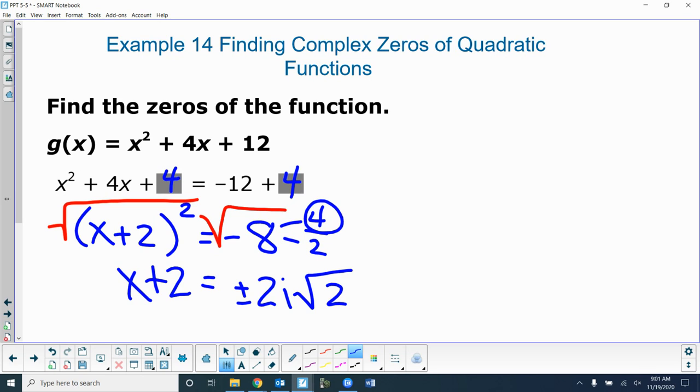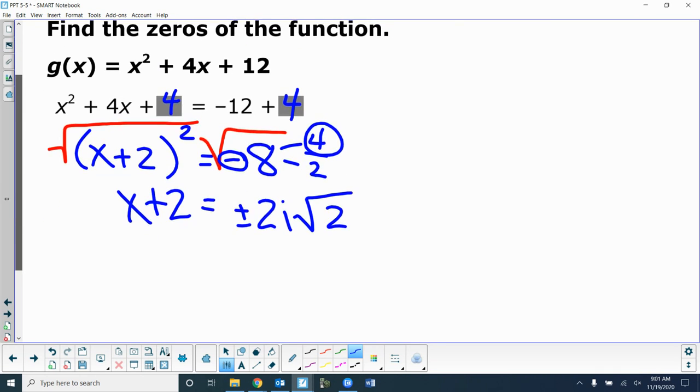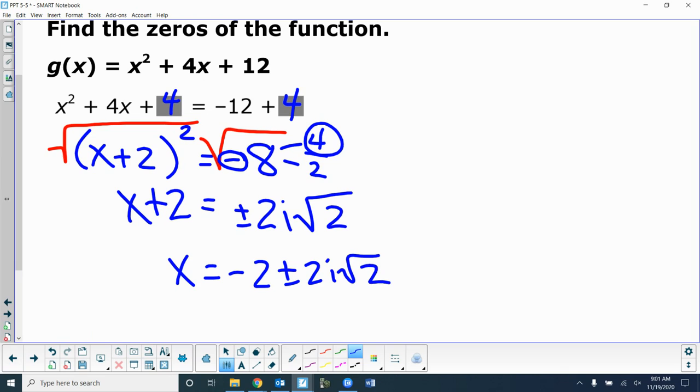Plus or minus. So don't forget the plus or minus, don't forget the I, right? The I is because it was negative. And then subtract the 2 over and finish it up. Okay? So we should be able to do those now. We practice those quite a bit.